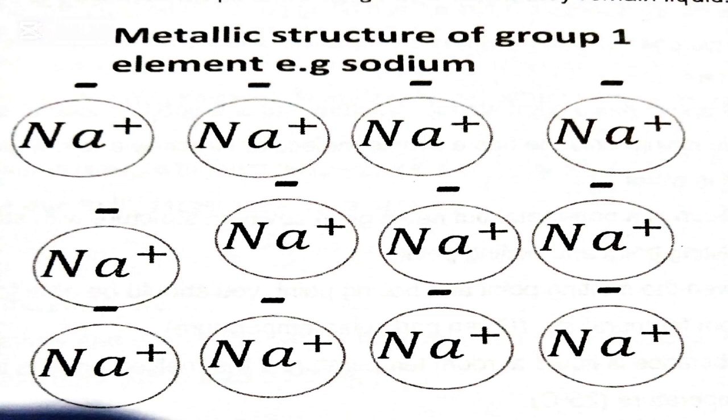And the positive centers of the nuclei are attracted by the sea of electrons, which is created by the delocalized electrons in the sodium metal, and this constitutes the metallic bond. The attraction between the positive nuclei and the sea of electrons constitutes the strong forces of attraction, which is the metallic bond, and it is a very strong bond.